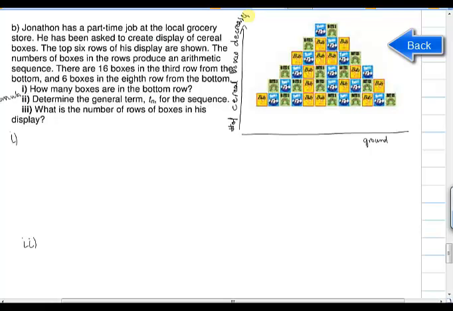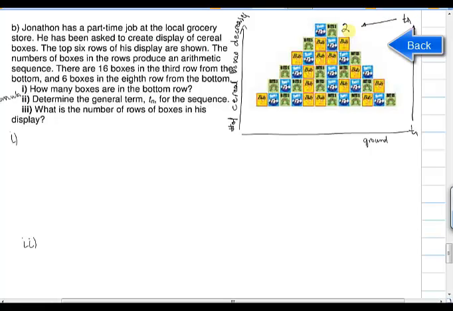First of all, because he's starting on the ground, we know that that's where T1 is. So the first term of this sequence will be the ground floor, and so you'll have more boxes for T1 than you would if you go up the diagram. And so we would go from T1 up to t subscript n, which we know from our diagram is 2.